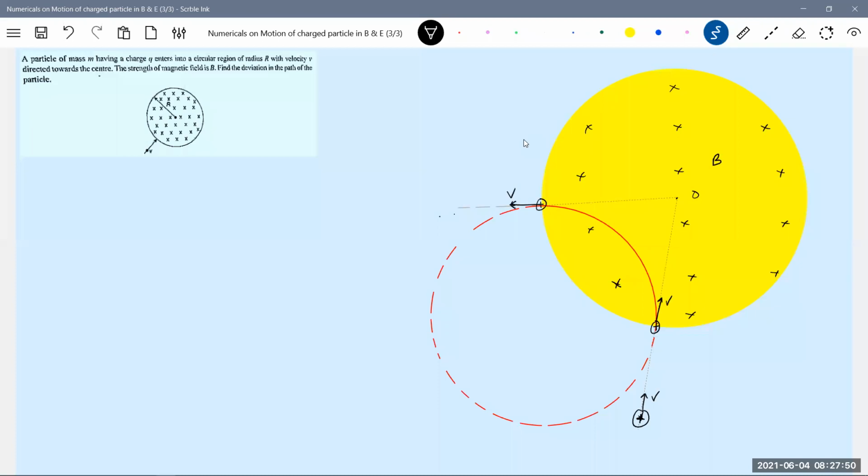Yeah. Let's get into the overall concept. So let's get into how the force will act. The force should act towards the center of the circular path. So the center of the circular path will be here.